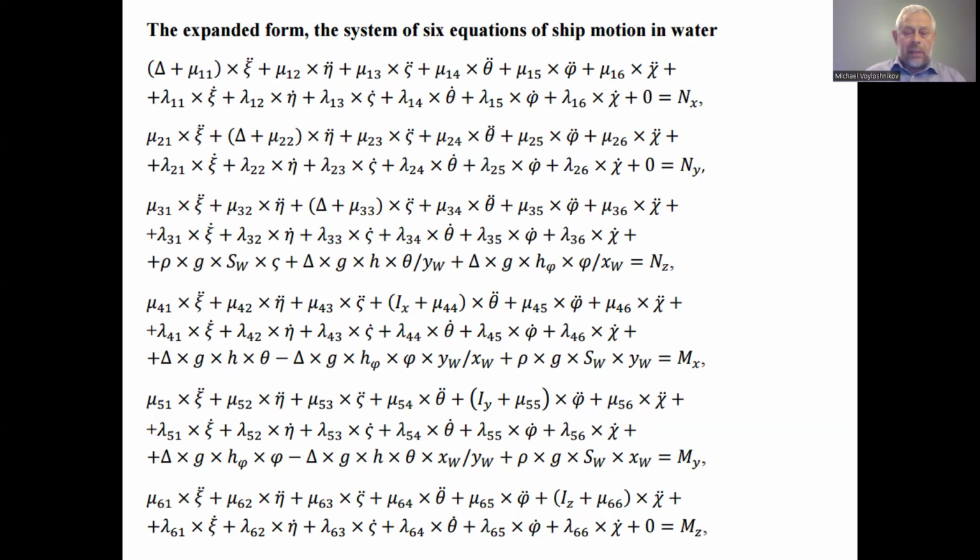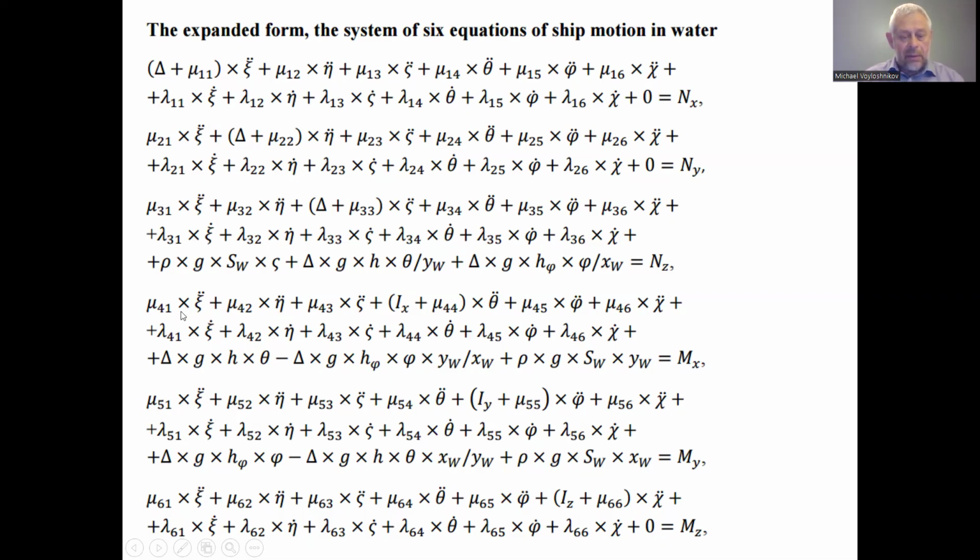Each equation is proportional to the second derivative of a definite displacement, and corresponds to the total of the forces, or maybe the moments, the efforts on any of the axes of the 6-dimensional coordinate system, 3 linear and 3 angular.